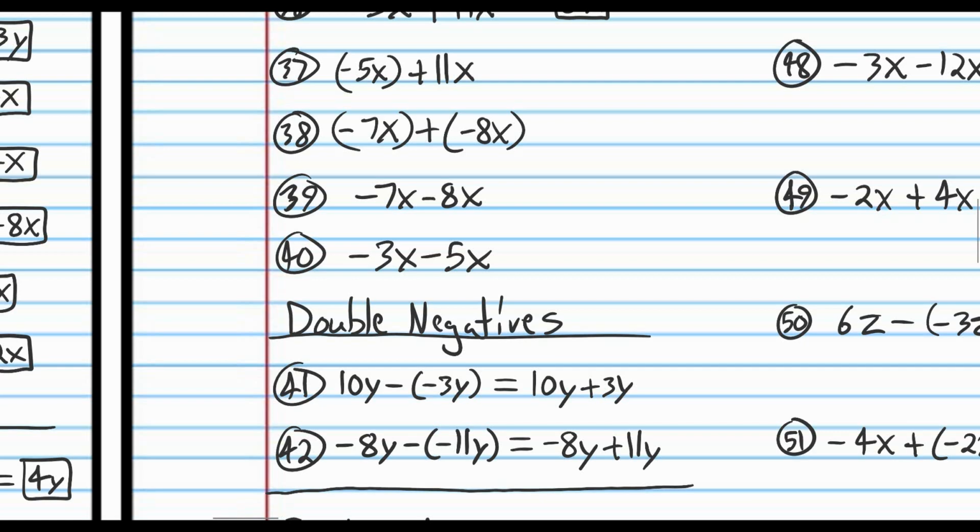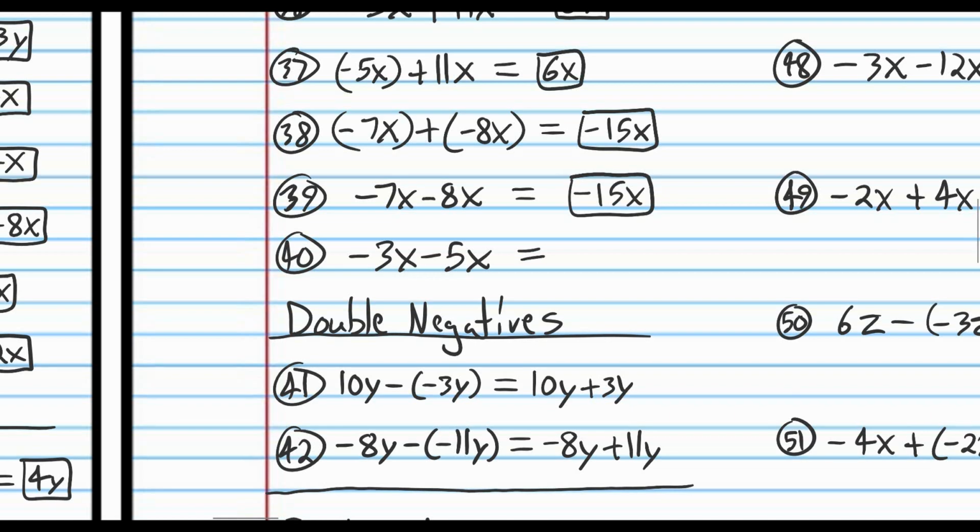All right, we're back. I got 6x for number 37, and negative 15x for 38, and negative 15x for 39 also, because that's just a condensed form of 38. And I got negative 8x for number 40.